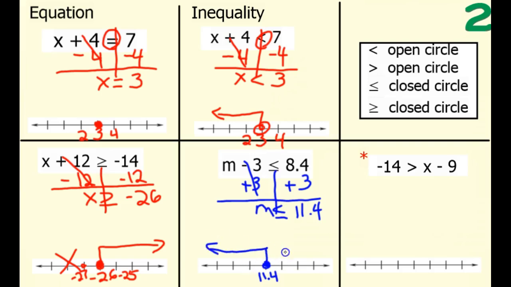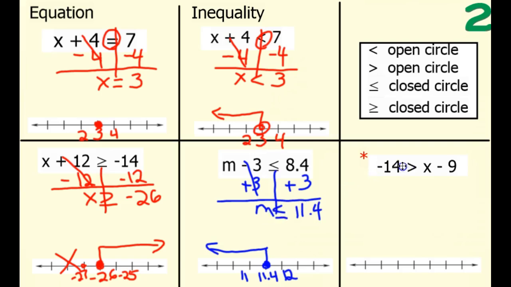Now these numbers on either side could be whatever you want, as long as on this side it's lower and this side is higher. So we could put 11 on this side and 12 on the other side, or 11.3 or 11.5, as long as they are lower on the left side and higher on the right side. M is less than or equal to 11.4, so anything that is less than or equal to 11.4 would answer our problem here.